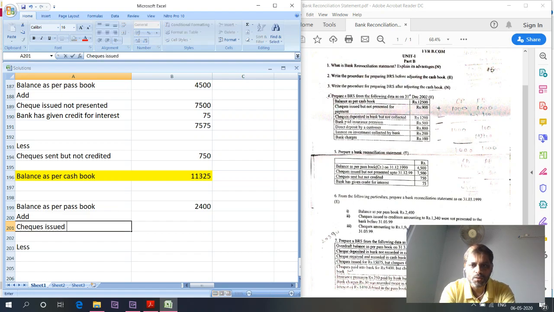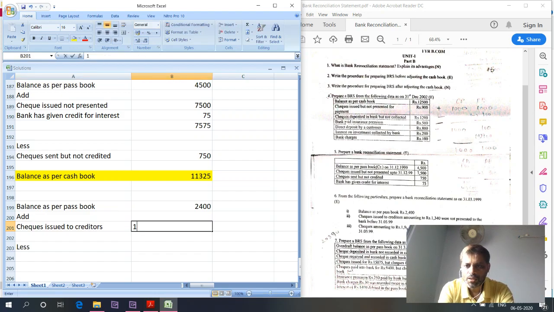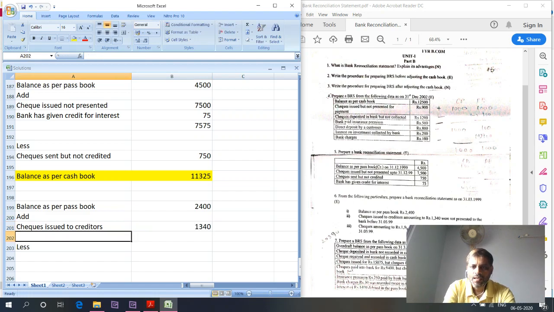Checks issued to creditors not presented for payment is 1,340. Next entry is checks amounting to 1,900 rupees deposited to bank were not collected before the date. Again, customers have made the payment to us, we have received money, and it is deposited into the bank, but the credit has still not come into the bank.